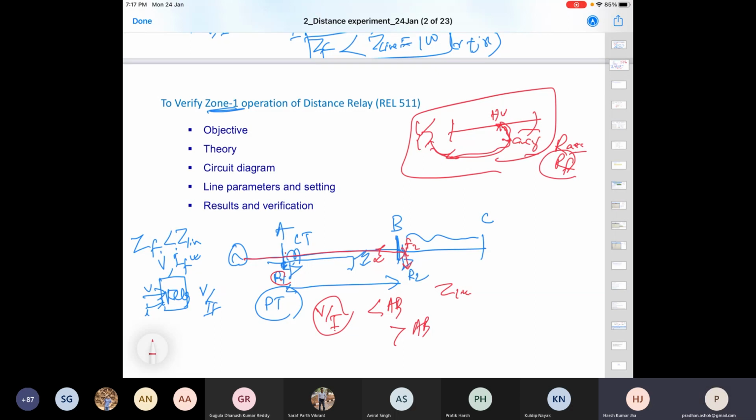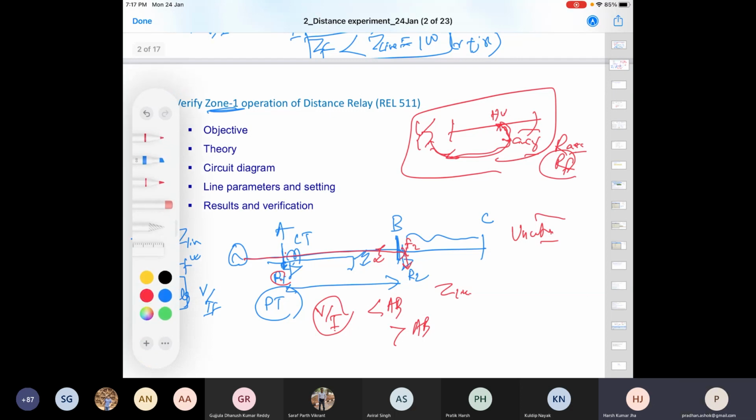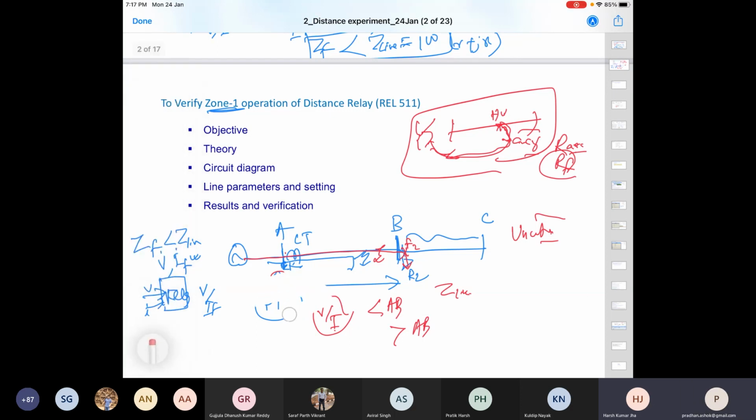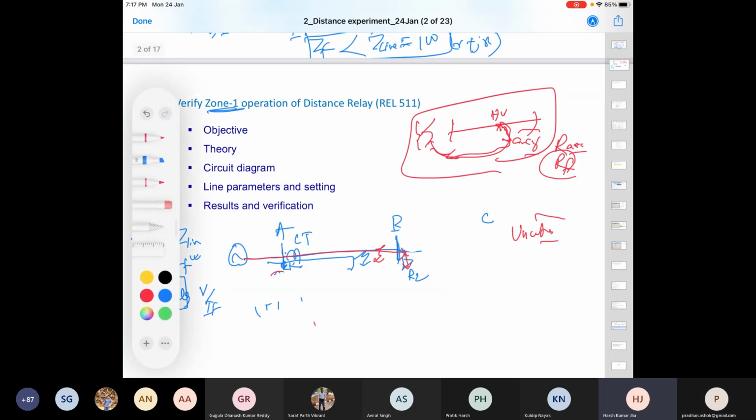To avoid all these uncertainties, what is intelligently done is that we divide the section AB into different portions. Like I'll show you. Consider this section.